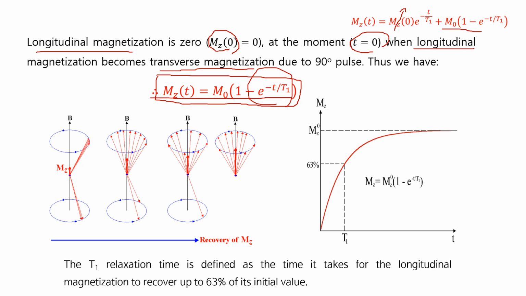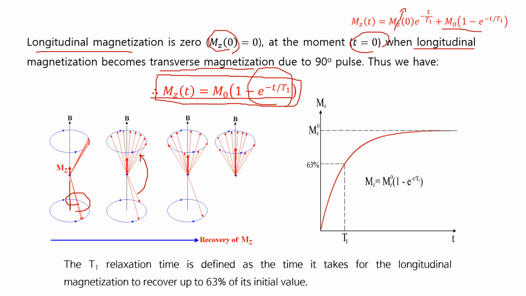And this equation can be plotted like this. If the pulse is turned off, the nuclear spins anti-parallel to the field now move back to the original orientation. And finally, when all nuclear spins are back to the original orientation, then relaxation is complete.